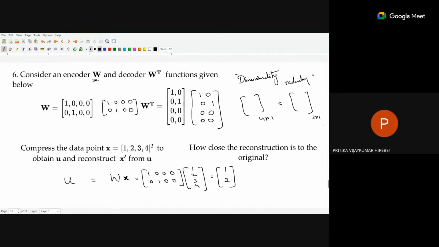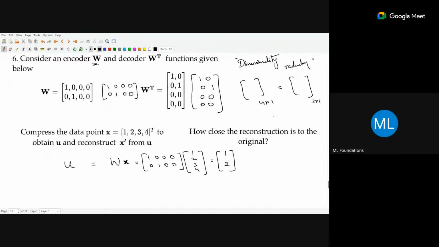No, right? So we need to multiply only. So that is the encoder. This encoder matrix gets multiplied to the data point, and by multiplying you can reduce the dimension. You cannot achieve that by adding or subtracting or any other operation.